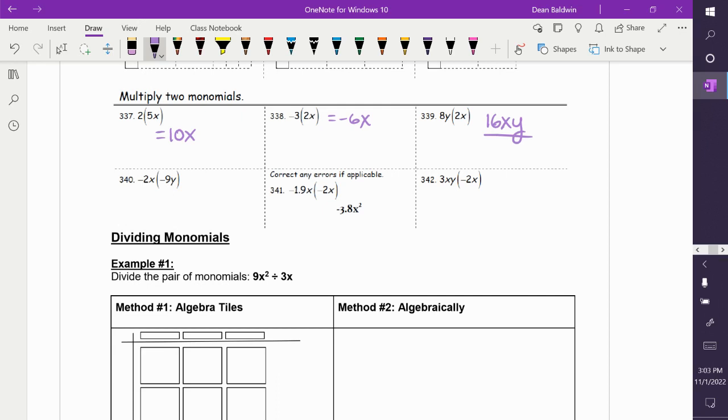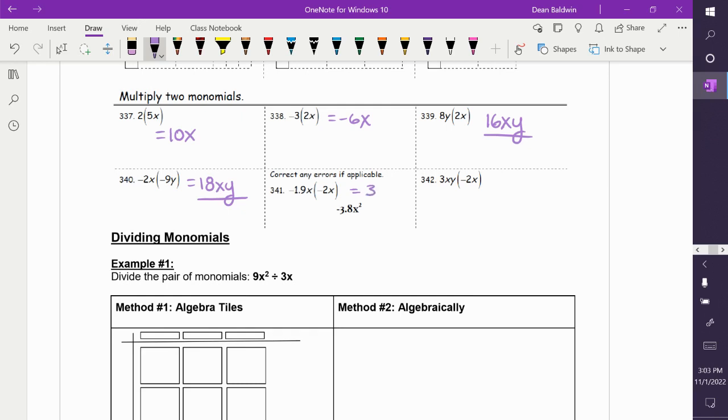Negative 2x times negative 9y. Just do the numbers. What's negative 2 times negative 9? 18. And the x and the y just kind of hang out. What's wrong with the next one? Why is the answer not negative 3.8x squared? Because these are both negatives, right?